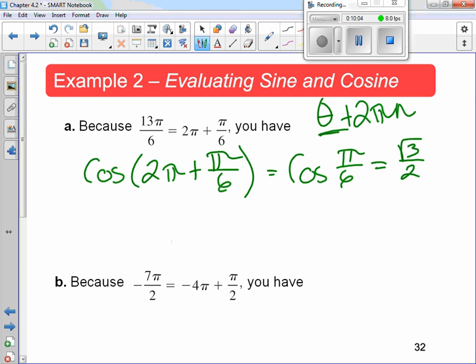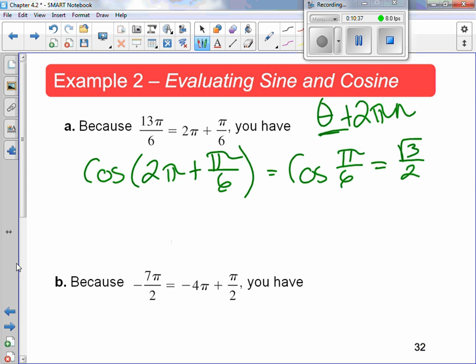Now, if your calculator is already in radians, go on and do cosine of 13 pi over 6. Sine 13 pi over 6. Enter. So we get that there.